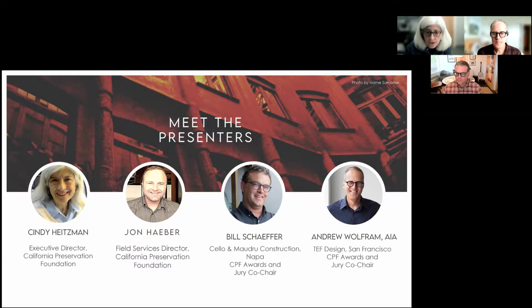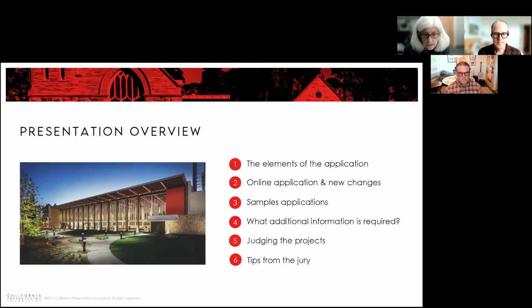We're going to do a quick overview of the process, but really dive into the actual application, the information that's required for a successful submittal. So as John noted, we're going to cover some main points today. We're going to go over the elements of the application, the information you need to have on hand and ready to complete the application.